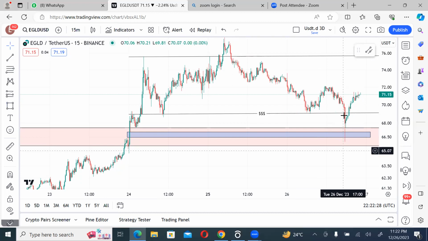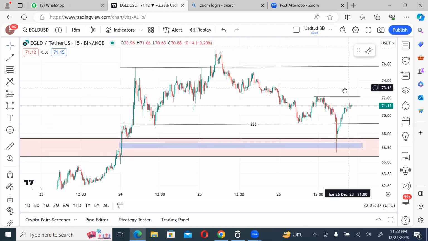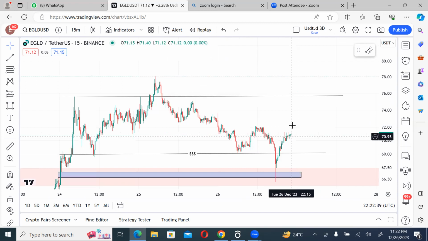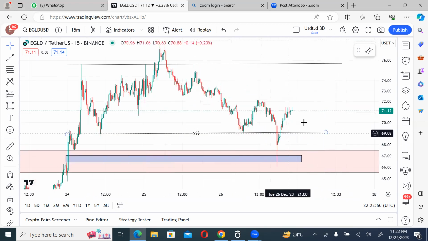It reacted from here. So obviously, we should be getting a change of character somewhere around here, right? We should see price breaking through here, coming back to retest these levels. That's what price is most likely going to do over time from my experience.